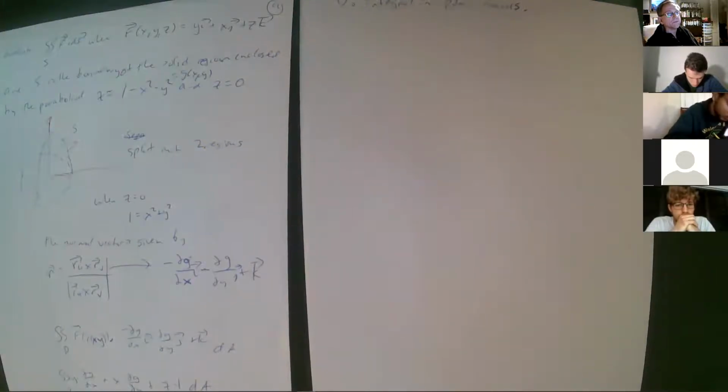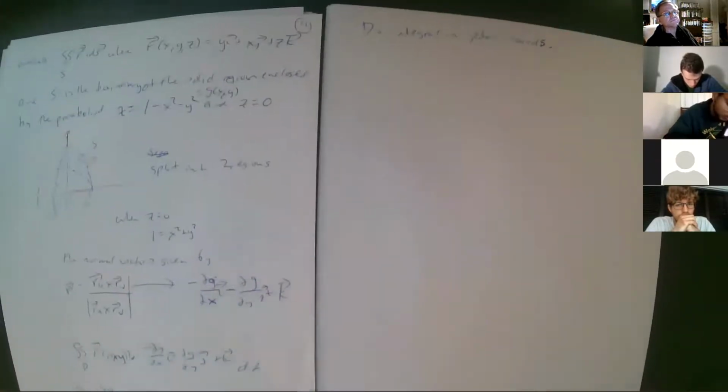Any questions on what the process was? So what do we need to do first? We need to first find, or get a parameterization, right? And then find a normal vector. And then follow the formula, okay? Any questions?